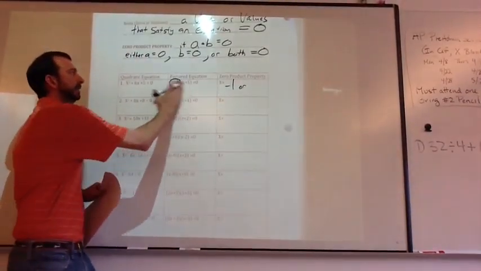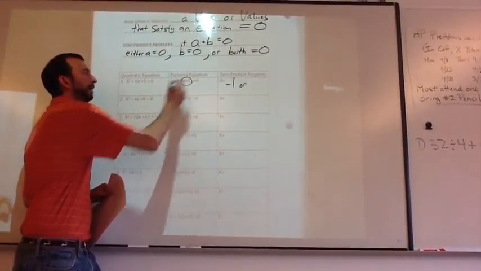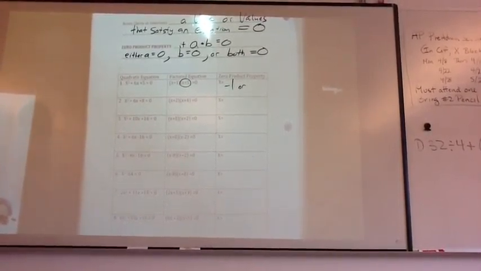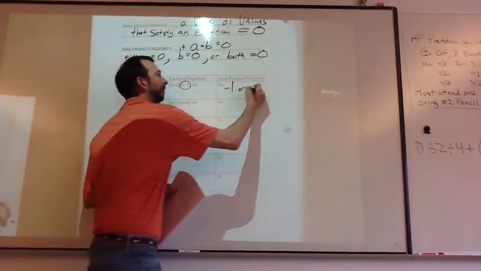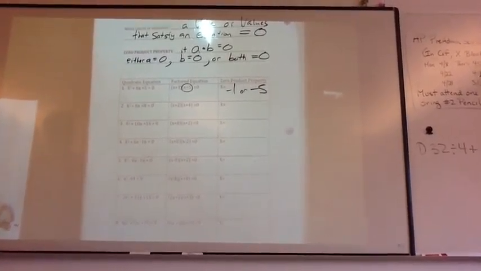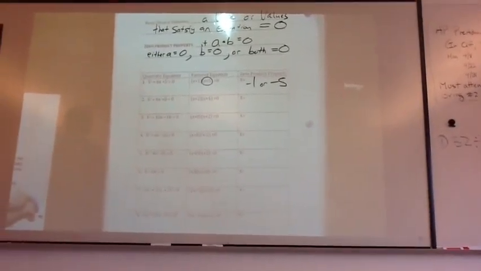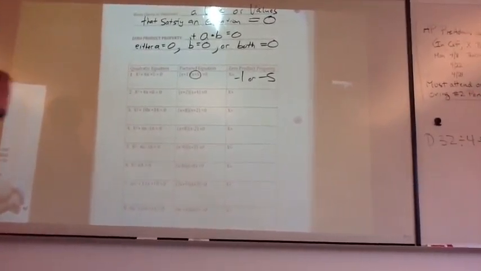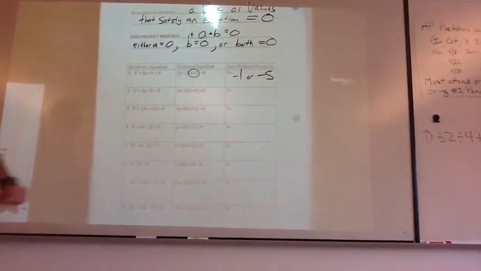Or perhaps, here's my 0. What would be the other possible value? Sabrina? -5. How many solutions are there? 2. How many roots are there? 2. There's 2 possible numbers that would make this equation equal to 0.